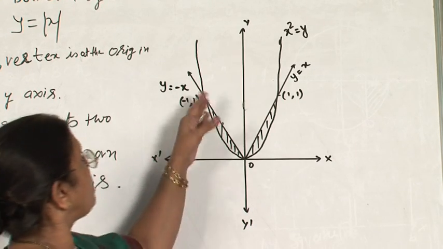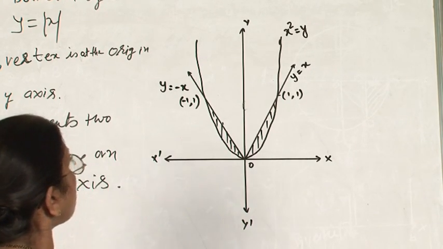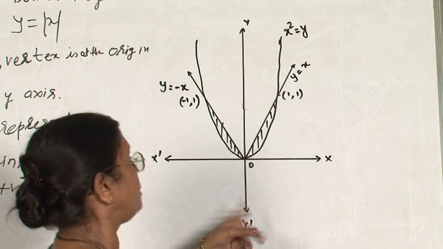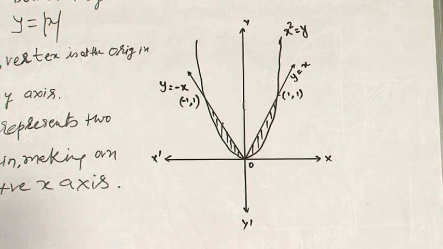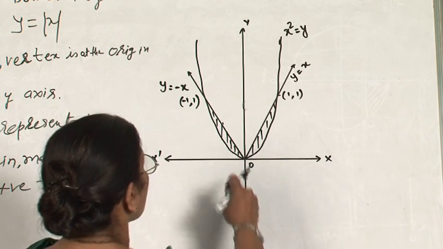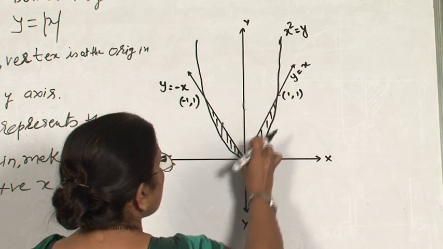Since these shaded regions are symmetric about the y axis, we can write this as 2 times the area of this region.